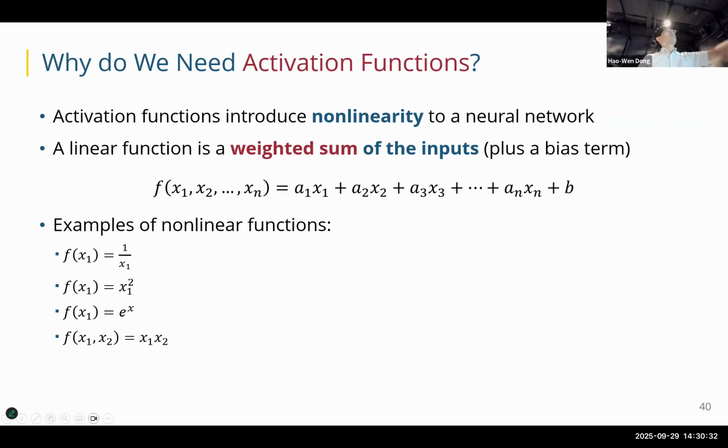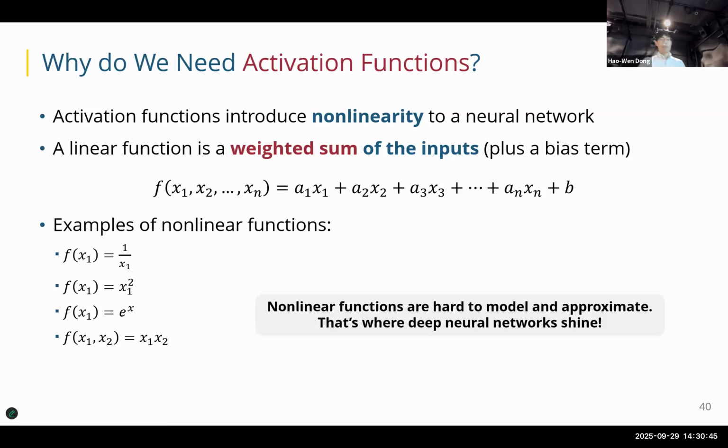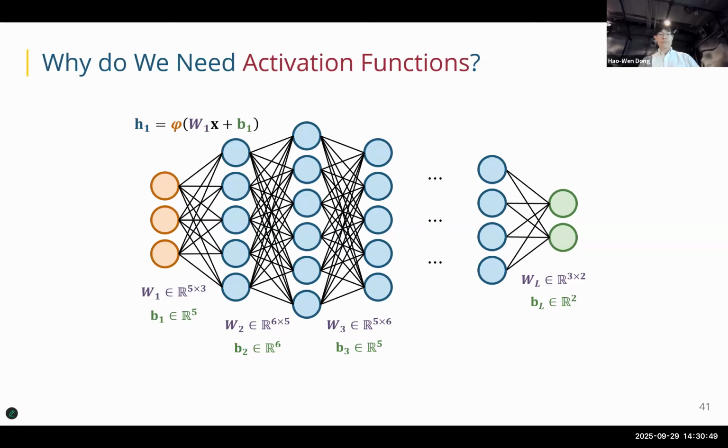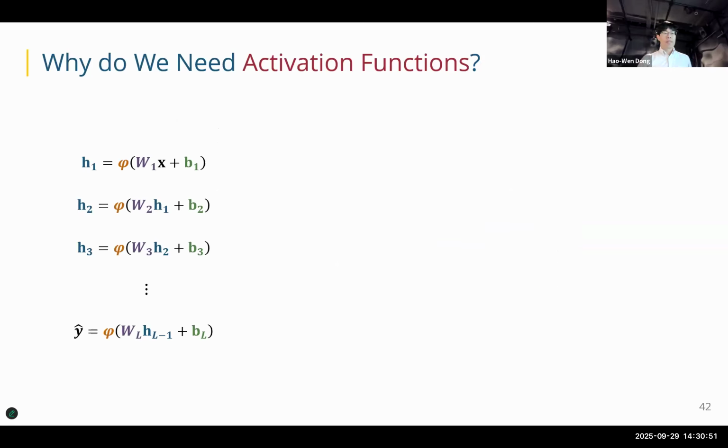All of these cannot be modeled by just a linear function. And that's why we want to introduce some nonlinearity into our model. So that's the first thing, but we will see a better explanation later.